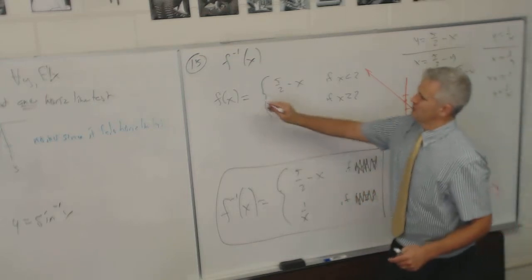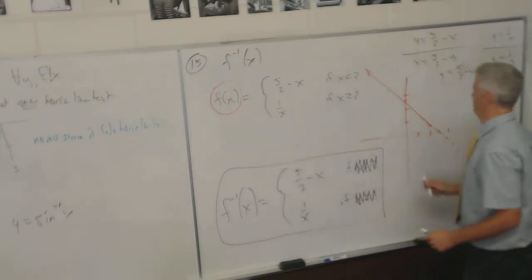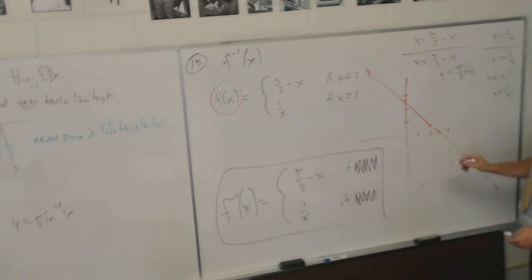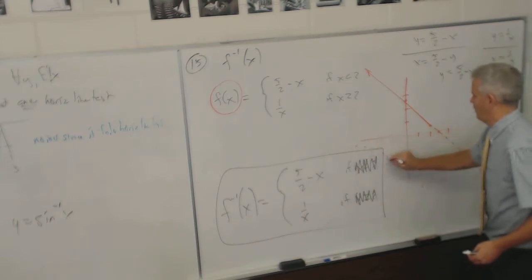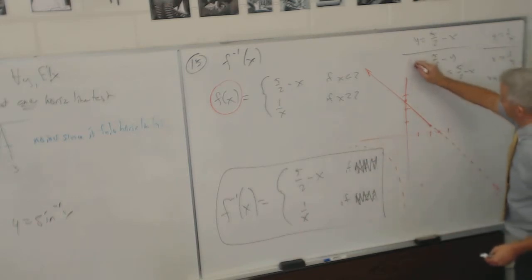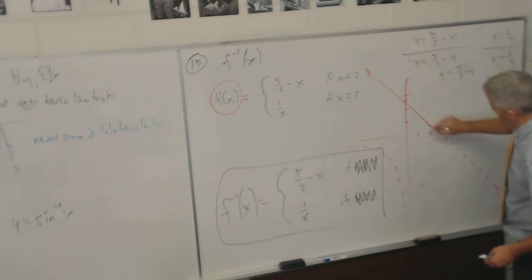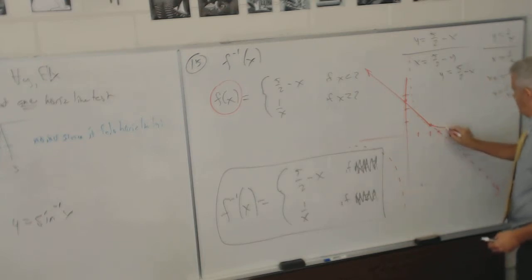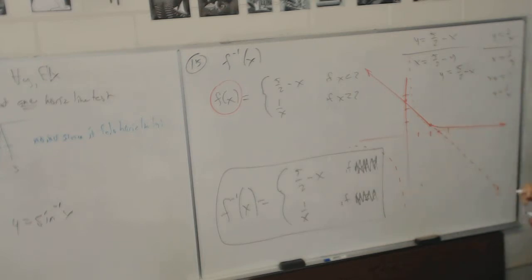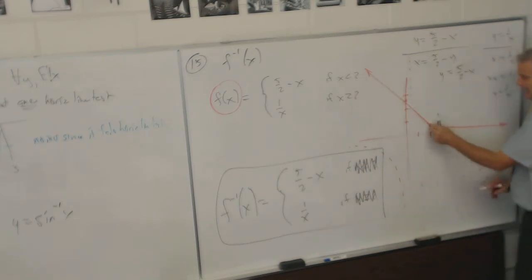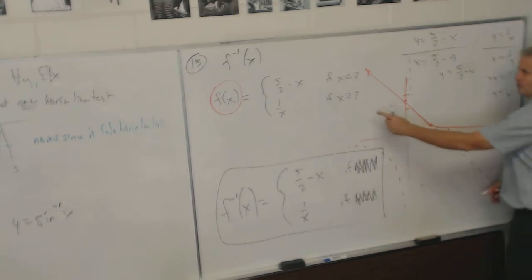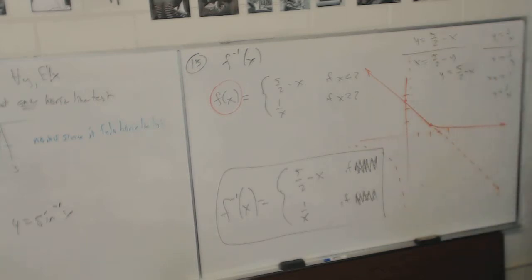So I'm doing the original function in red, and 1 over x, you guys know that curve is this. I'm not even bothering with this half. You follow? I took the line when x was less than 2, and I took this 1 over x curve when x is greater than or equal to 2.